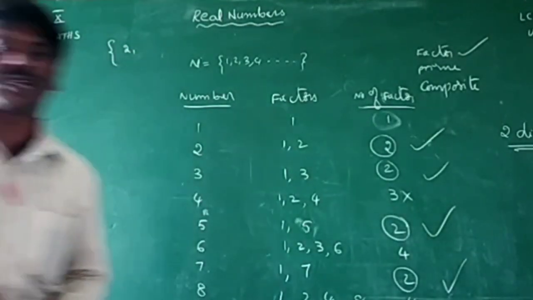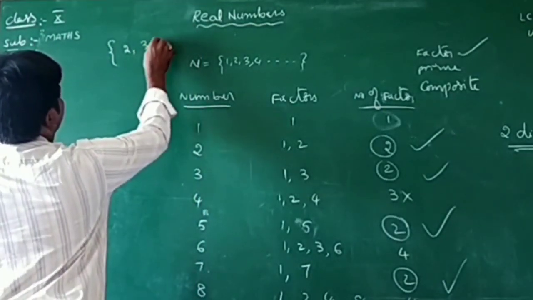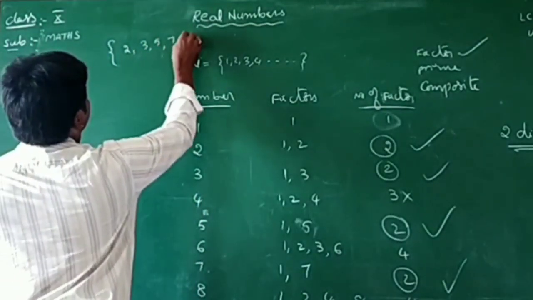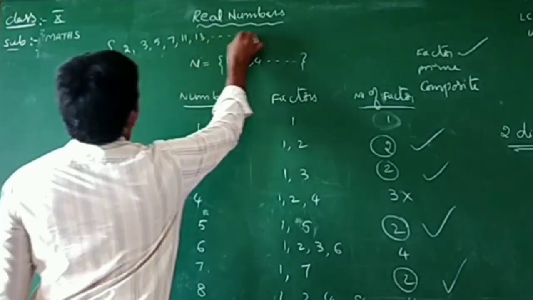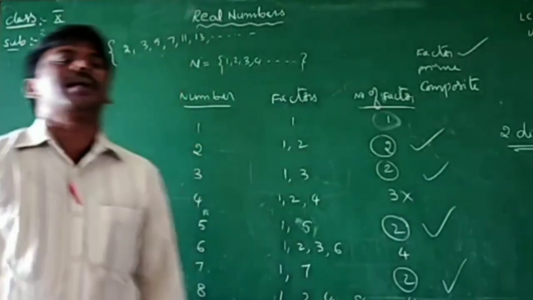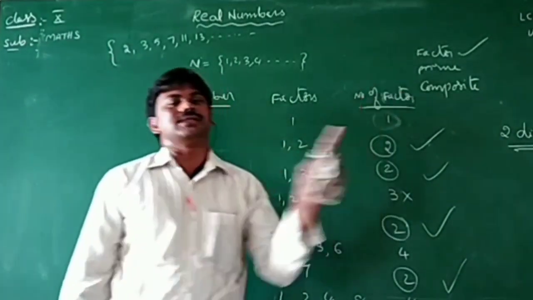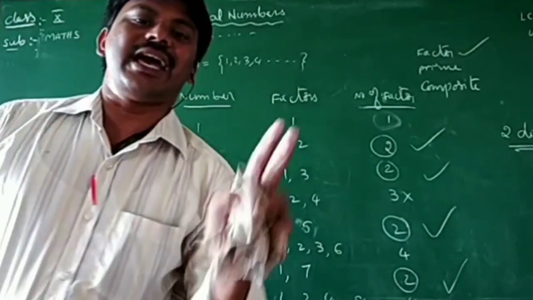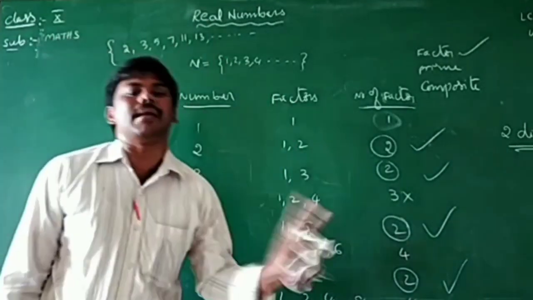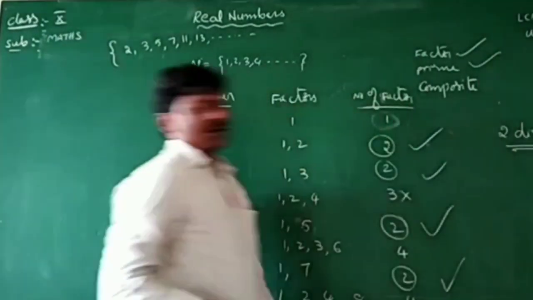Prime numbers start with 2: 2, next 3, 5, 7, 11, 13, like that and so on. These are the list of prime numbers. Now coming to the next point, composite numbers.